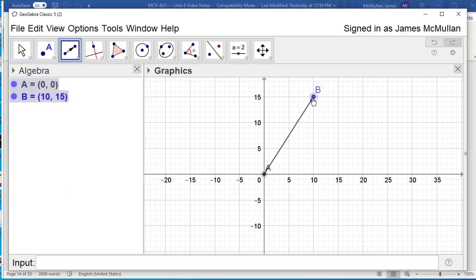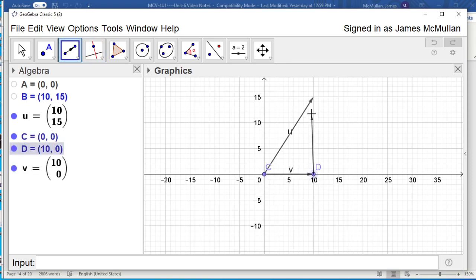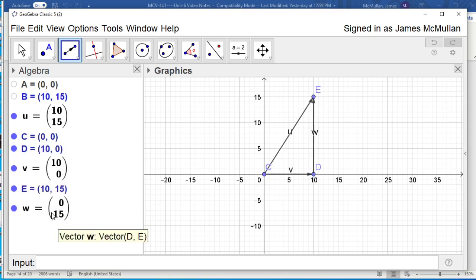For example, this vector I've just drawn, vector u, is in every way equivalent to the sum of vector v plus vector w. I could think of a single vector with an angle and a certain length, or I could think about two simpler vectors that meet at 90 degrees.